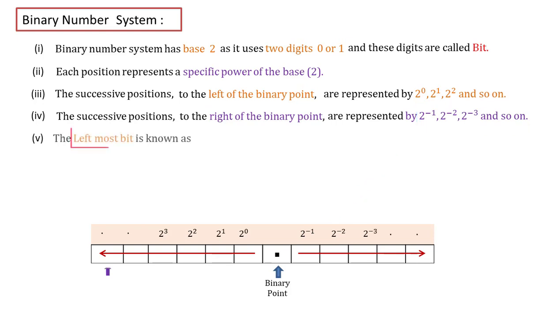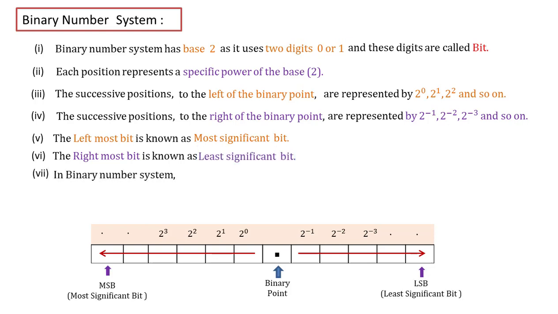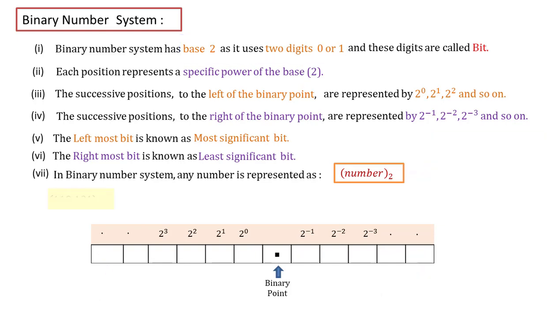Fifth, the leftmost bit is known as most significant bit. Sixth, the rightmost bit is known as least significant bit. Seventh, in binary number system, any number is represented as a sum of bits times powers of 2. Let us consider a binary number.